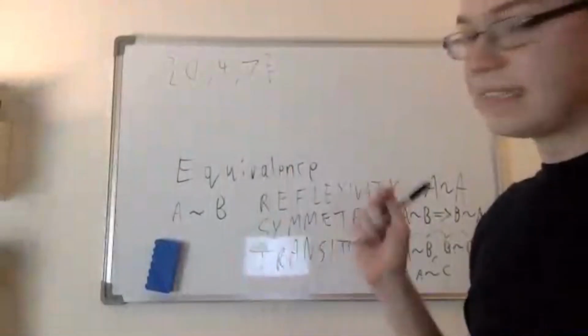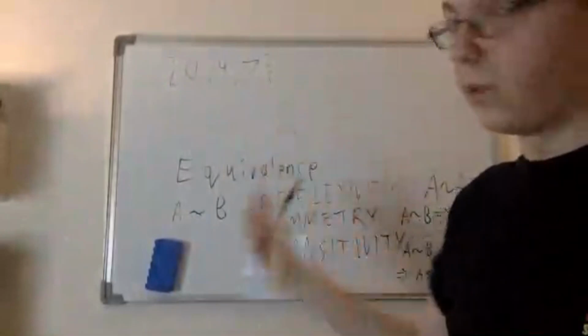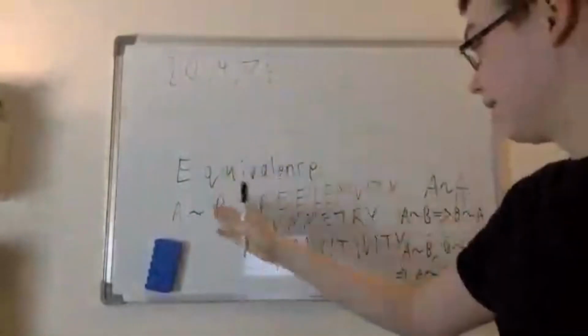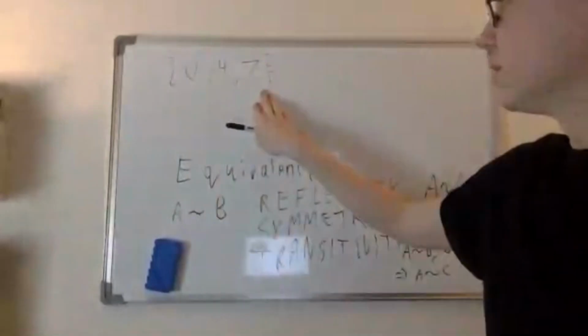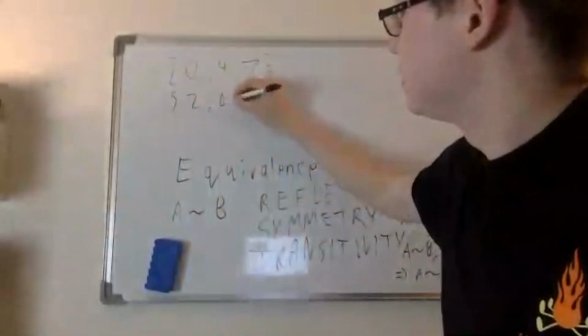So instead of talking about individual sets like this, what we often talk about is set classes, where we take all sets that are equivalent by a certain relation to a set. So for example, if I choose the set 2, 6, 9, nice.